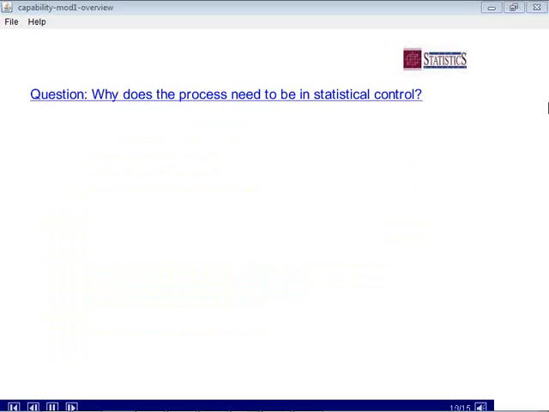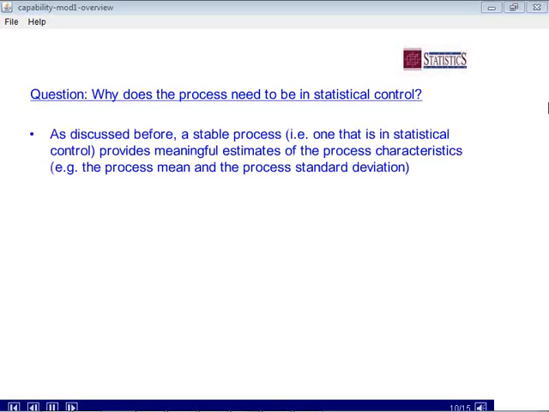So let's explore this a little bit further. Why does the process need to be in statistical control? Why am I so vehement in my requirement for this? Well, as I just discussed, a stable process, that is one that's in statistical control, will provide meaningful estimates of particular process characteristics. Let's say, for example, the process mean and process standard deviation. That's going to be very important if we're assuming that the distribution follows a normal or a Gaussian distribution.